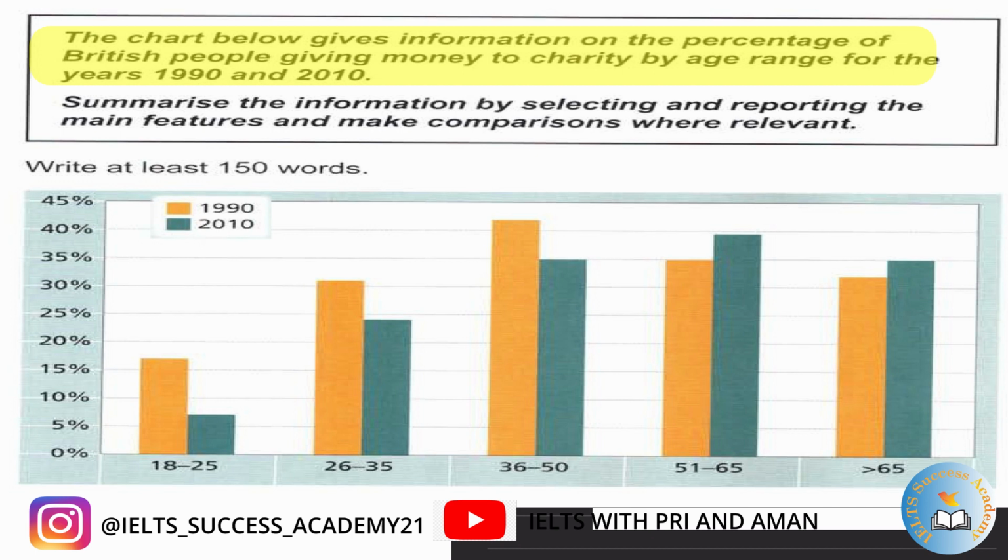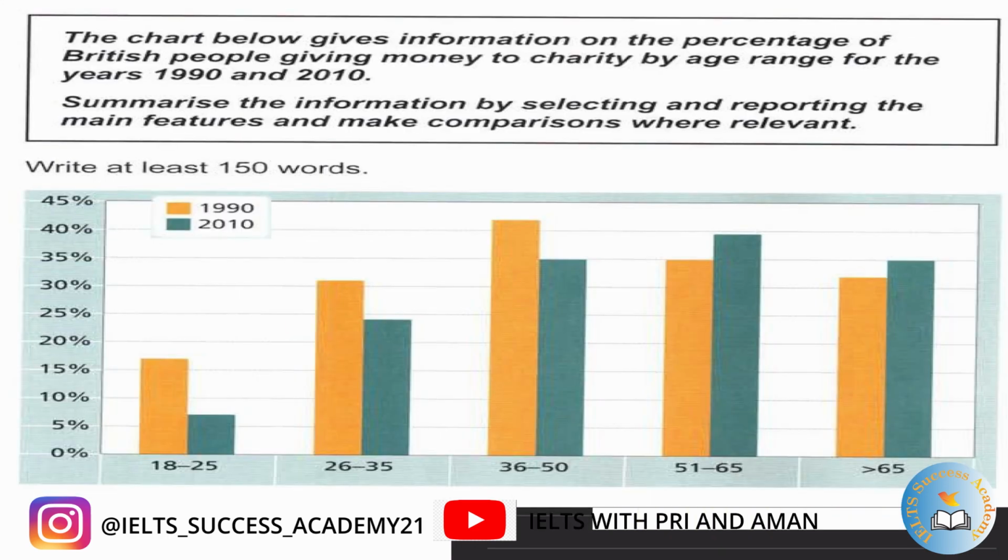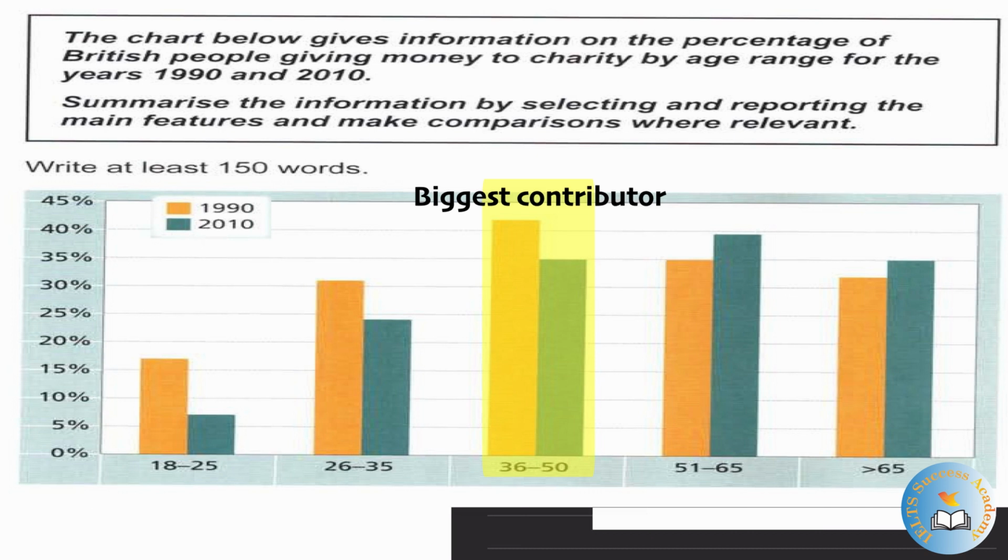Okay, the second comes your overall. So what can we see overall? Overall we can see that the people in the age group of 36 to 50 made the biggest contribution. They were the highest donors in terms of charity. They did the most philanthropic activity by providing money for charity.